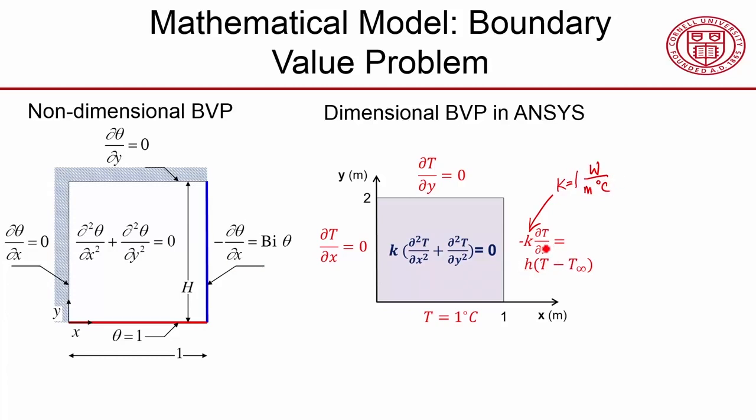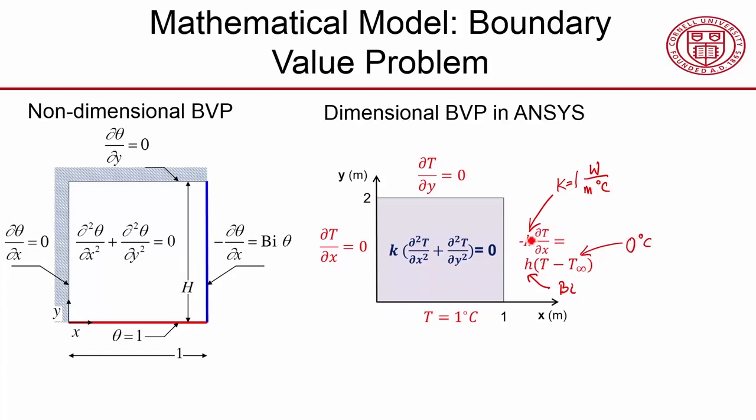Then the left-hand side here looks like that. And the right-hand side I will set h equal to the Bi number that I'm given, and I'll set the temperature of the fluid to be 0 degrees Celsius.